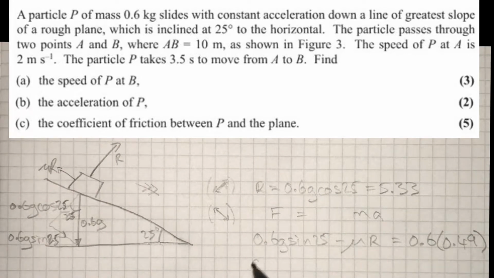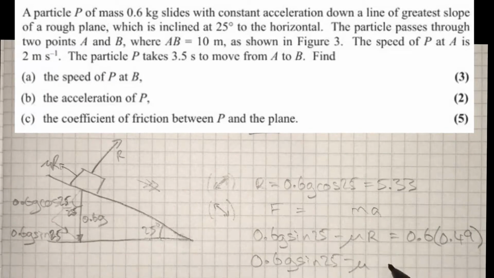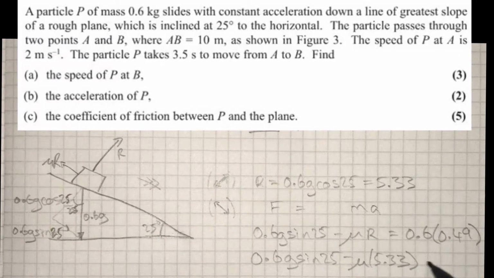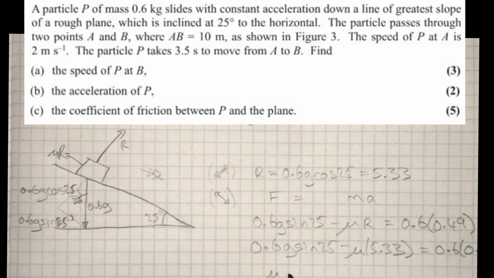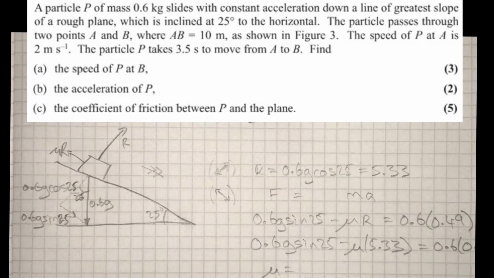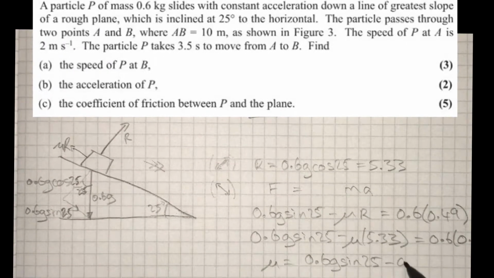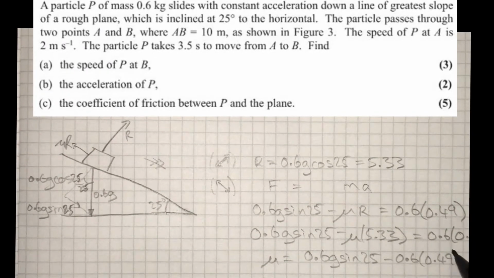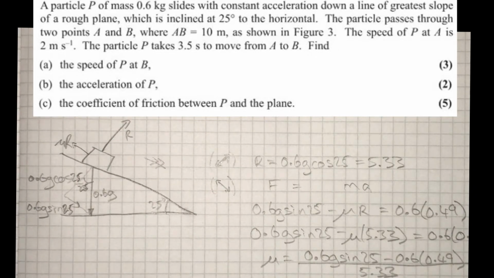In all of this, we are trying to make mu the subject. So let me try and simplify. For r, we have 5.33. And then once again, mass times acceleration. Some smart rearranging to make mu the subject, and we get an answer of 0.411.